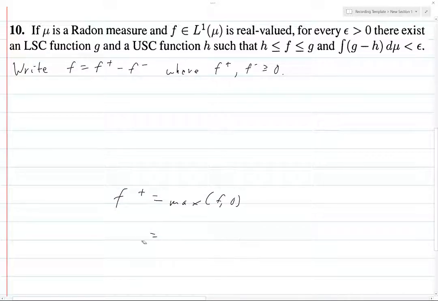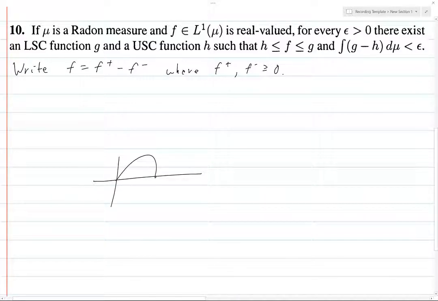I forget what the exact details are, but you basically do the typical thing where if f looks like this, then f plus is like this and f minus is like this. So f plus picks up the positive part and f minus picks up the negative part, but it's flipped to make it a positive function.